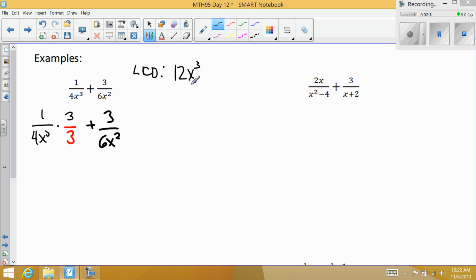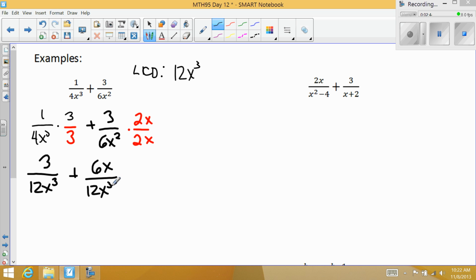Now to make it a 12x cubed, I'm going to need a 2 to get a 12, and another x to get an x cubed. And I can do that to the denominator as long as I also do the same thing to the numerator. So that gives me 3 over 12x cubed plus 6x over 12x cubed.